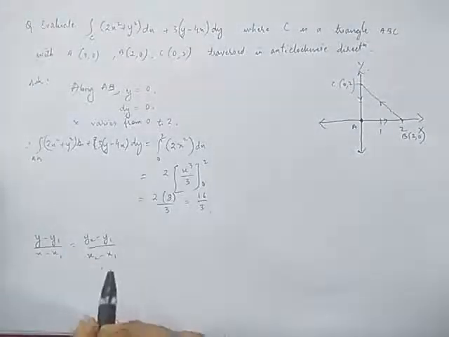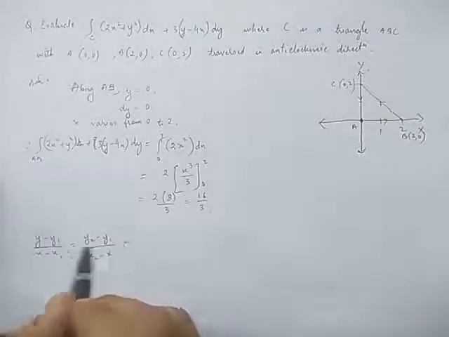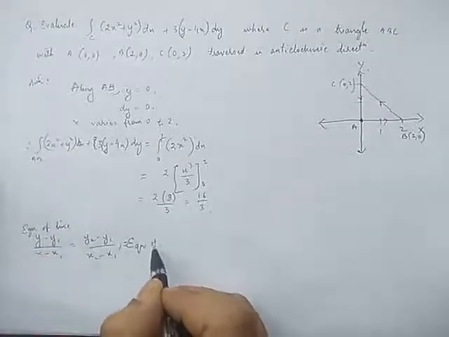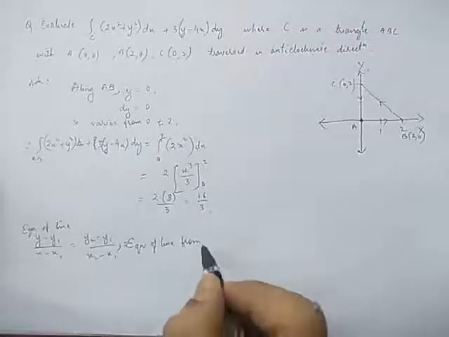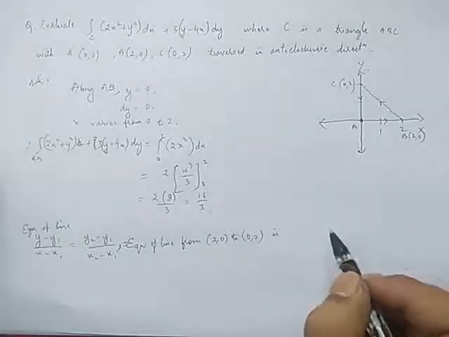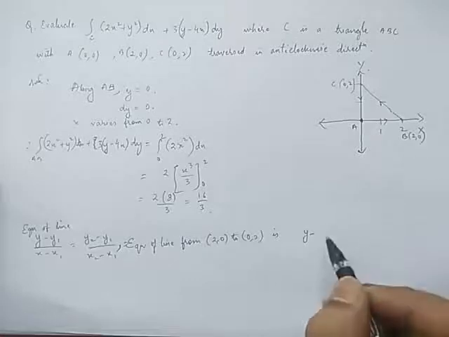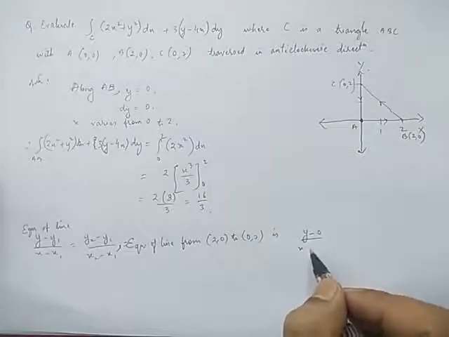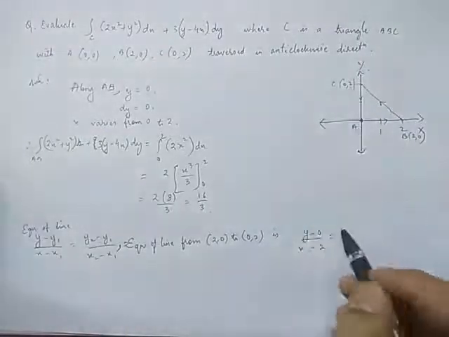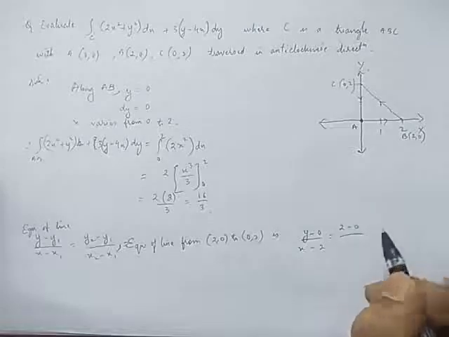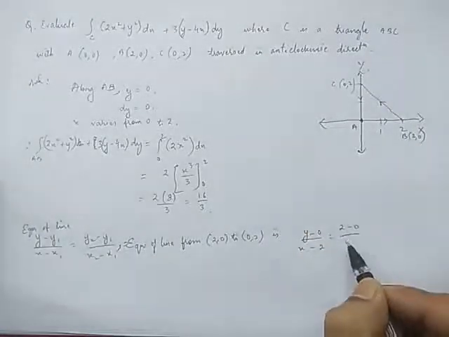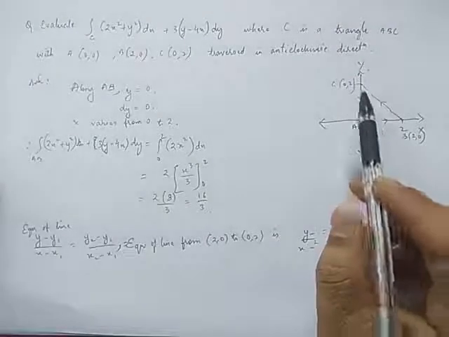So my equation of line from 2, 0 to 0, 2 is: y minus my y1, which is 0, divided by x minus my x1, which is 2, equals my y2, which is 2, minus y1, which is 0, divided by my x2, which is 0, minus my x1, which is 2.